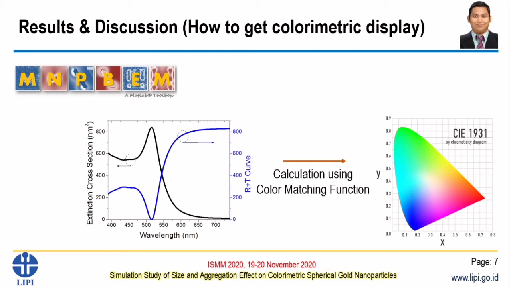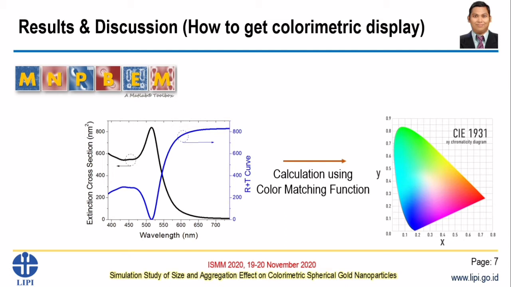The simulated curve, the black curve in the left figure, was then converted into transmission and reflectance spectrum, the blue curve. In practice, this reflection and transmission are what we can see by our eyes. This curve was then used to calculate color coordinates using color matching function of CIE 1931.